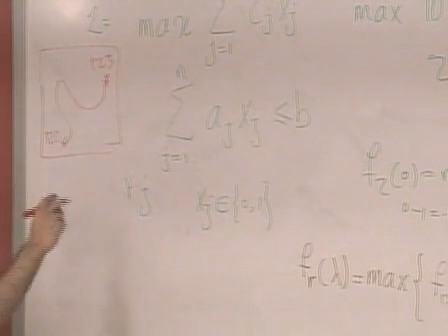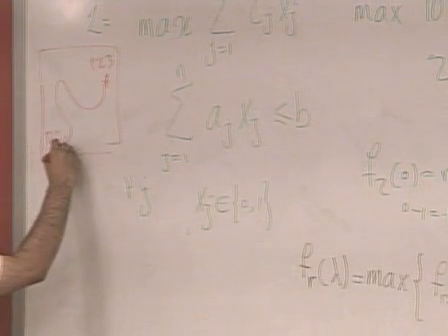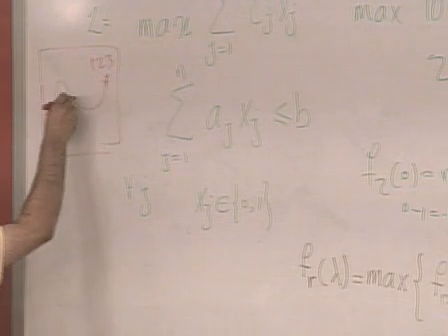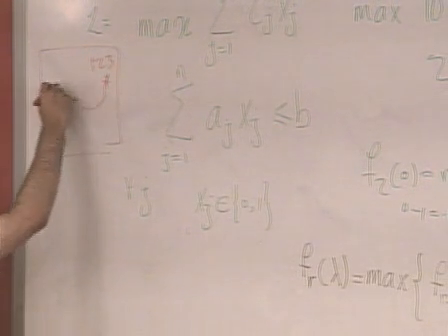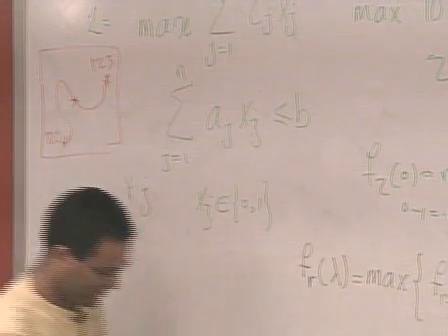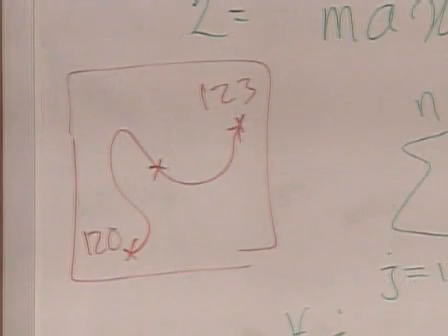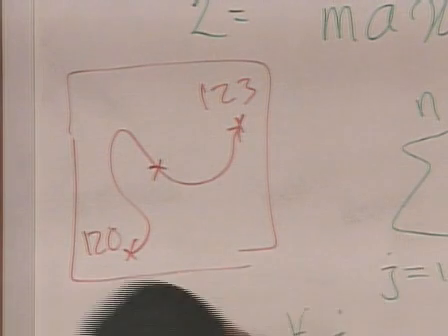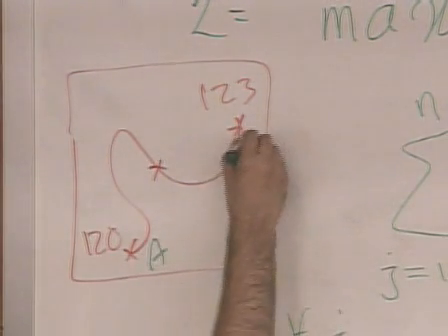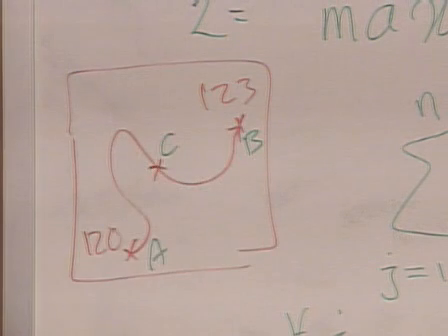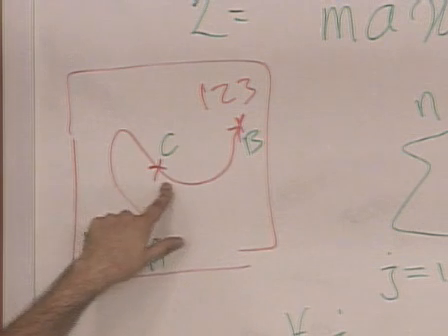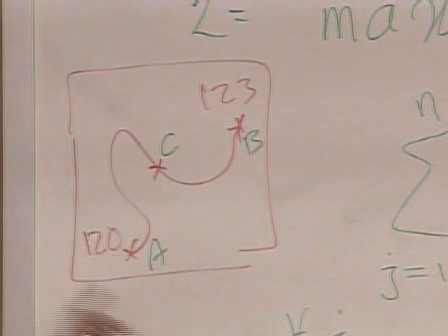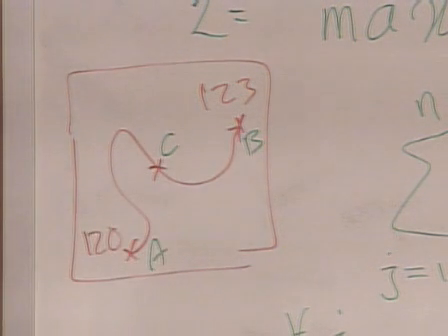Now, this whole thing is based on if the shortest path from here to here passes through this line, okay, then this part should be okay. Maybe I should use different colors. So I'm going from A to B, and it's passing through C. So this whole argument is saying that if the shortest from A to B passes through C, then AC is the shortest path from A to C. You see what I'm saying?